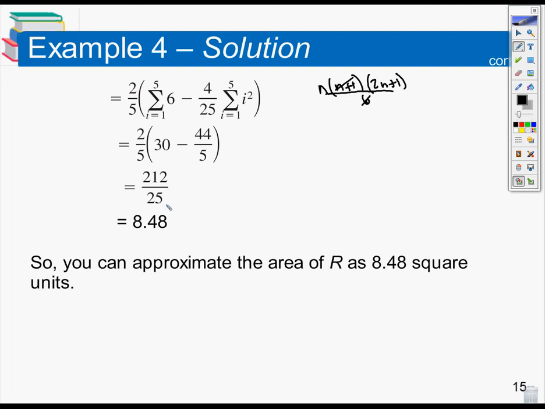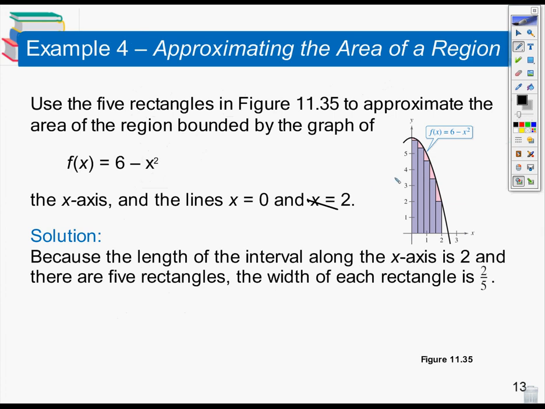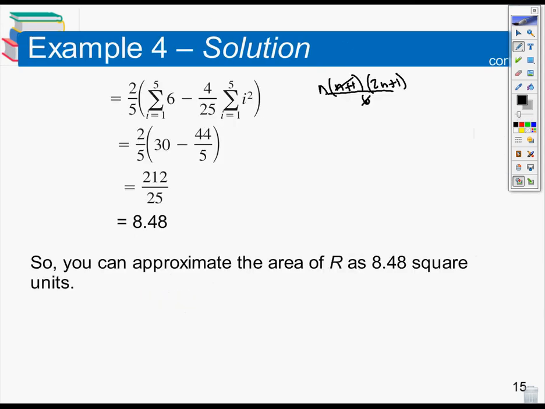So I can say my approximation for the area underneath this curve, or in other words, my approximation for the sum of each of these 5 rectangles, is 8.48 units. And that's what I've effectively done. Now, in the next example, we are going to take this a step further and take the limit of the summation.